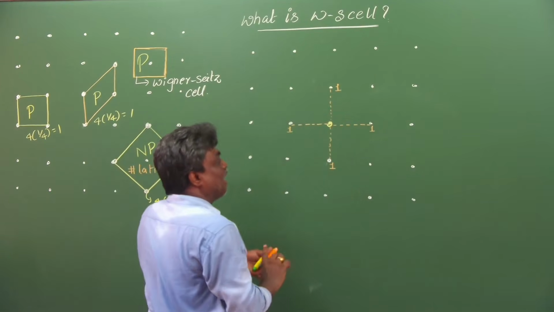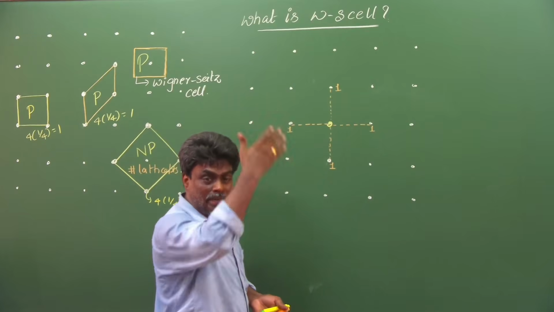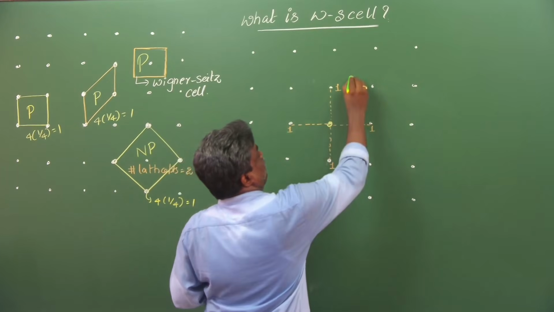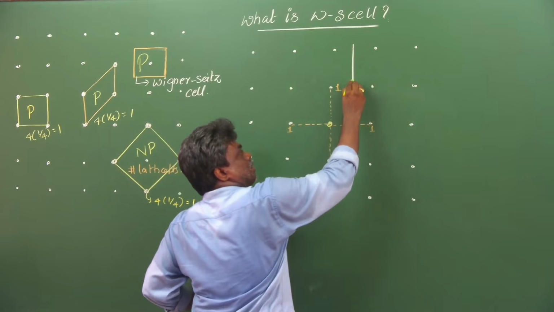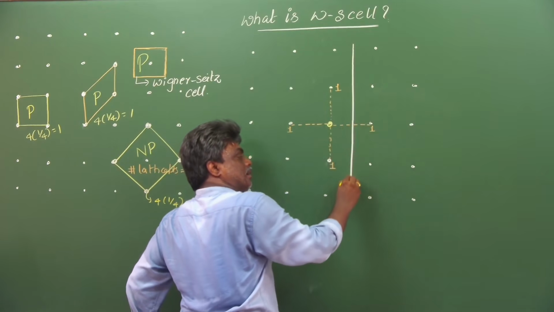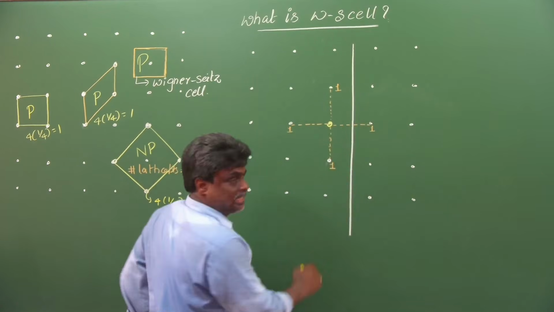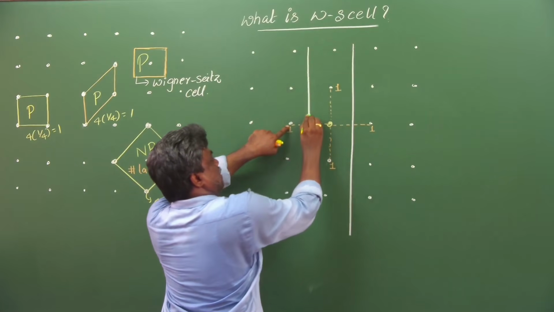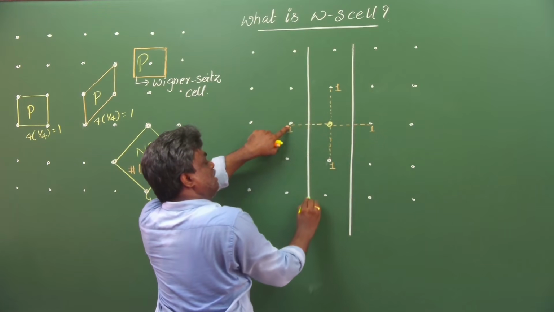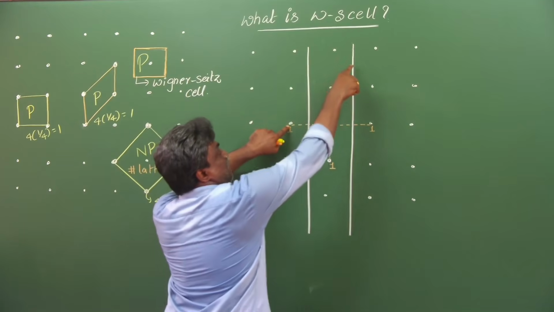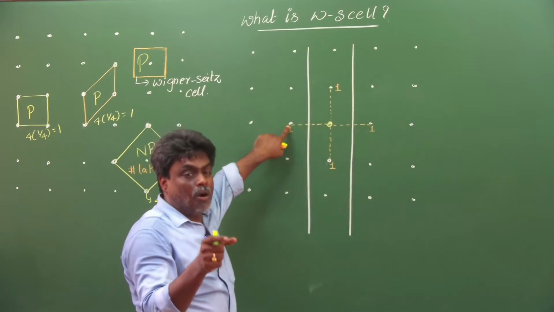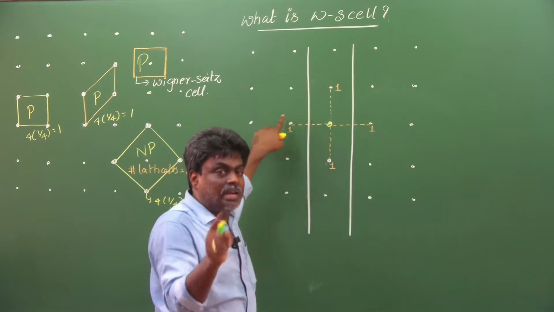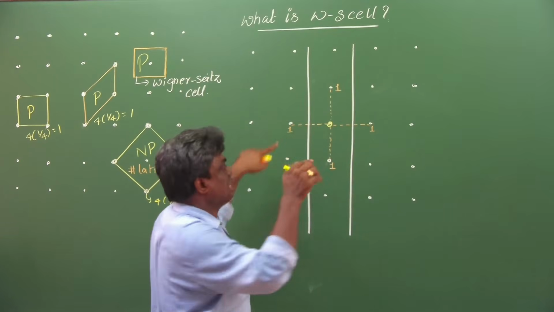After that I am taking perpendicular bisectors. Is it a perpendicular bisector? Now I am taking the perpendicular bisector of the line joining a given lattice point and its first nearest neighbors.